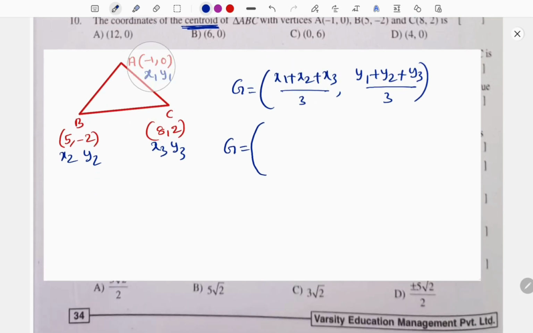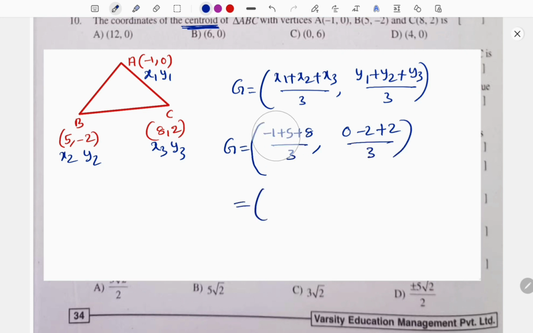Here x1 is minus 1, plus 5, plus 8. So minus 1 plus 5 plus 8 by 3. Now y1 plus y2 plus y3: 0 minus 2 plus 2 by 3. So what we get, Nana? Minus 1 plus 5 is 4, plus 4 is 8, plus 4 is 12, so 12 by 3, comma, minus 2 plus 2 we get 0, so 0 by 3.